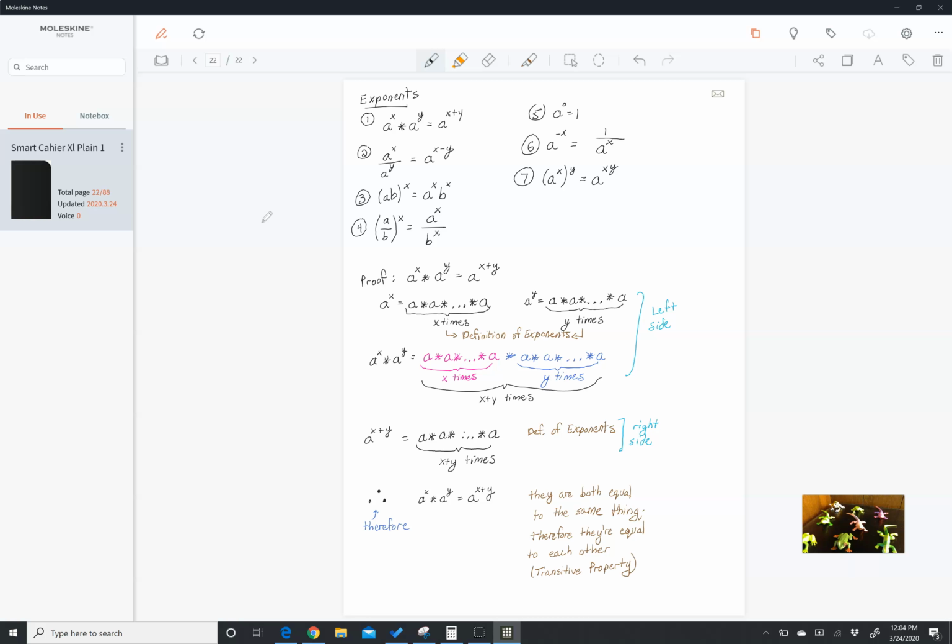Okay. And when we're done with a proof, what we can do is we write something called QED. So this is a Latin. I don't even remember what it stands for. But you'll see this at the end of every math proof. And essentially what it means is, we did it, we're done.